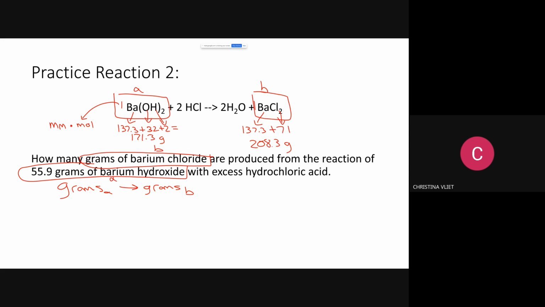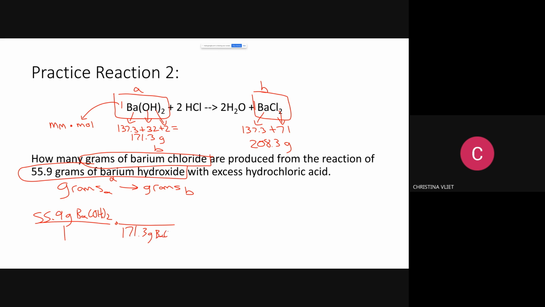So how do we solve? Start with writing our starting amount, which is 55.9 grams of Ba(OH)2 over 1. What number goes on the top? What number goes on the bottom? A goes on the bottom, barium hydroxide. What number is that? In grams, the relationship is 171.3 goes on the bottom.